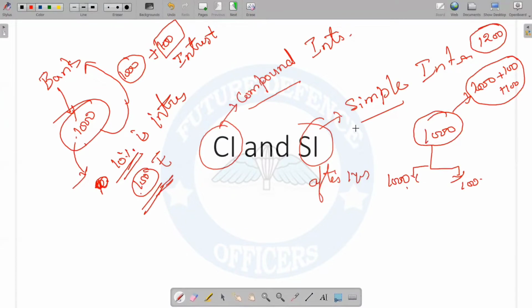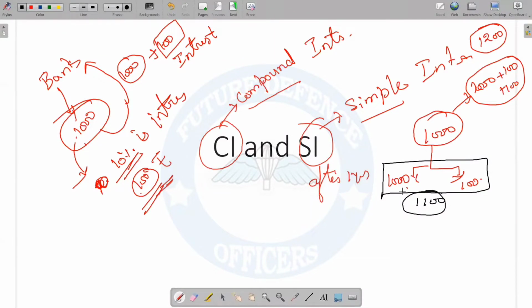Now, what happens in compound interest? The banker is clever. He will take interest on the interest itself. You have taken 1,000 rupees. Now you need to pay 1,000 plus 100 rupees as interest, so your new principal becomes 1,100 rupees.